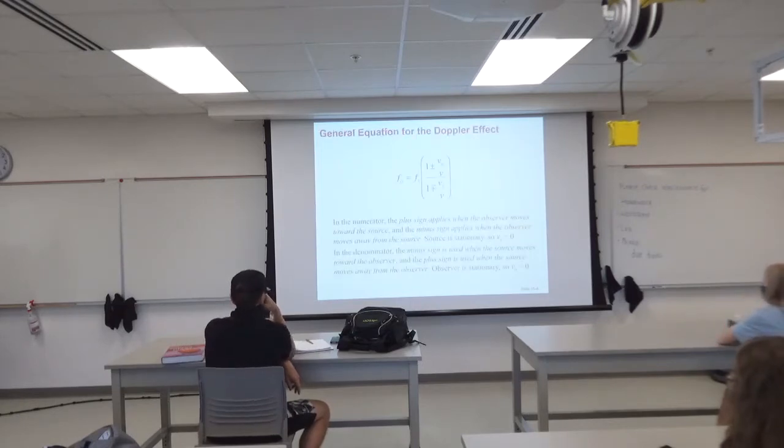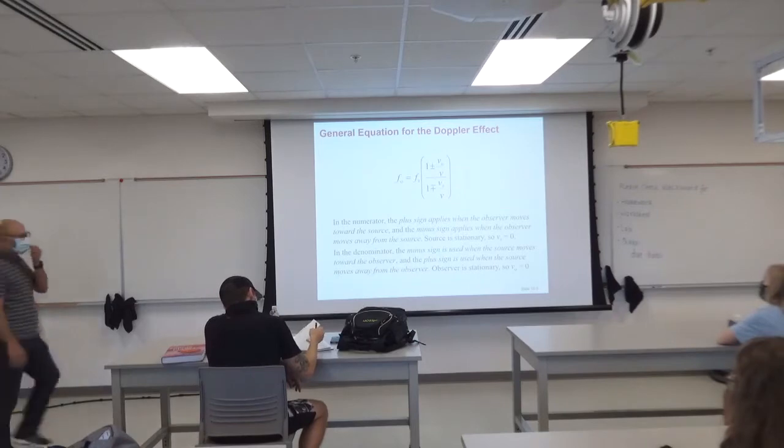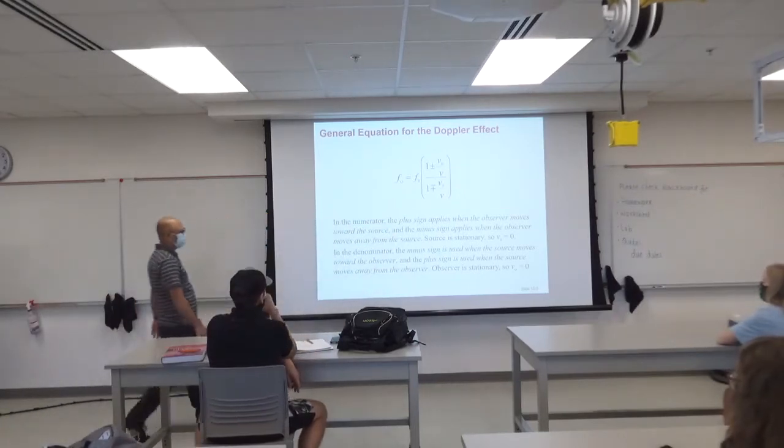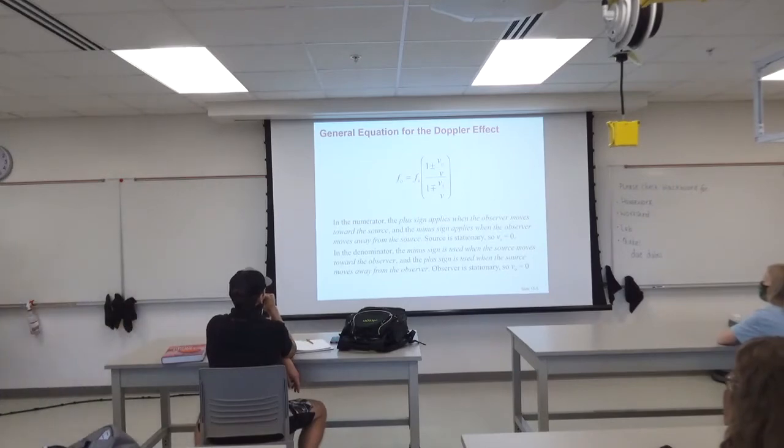We combined all 4 formulas into this common formula, and depending on the scenario, whether the source is moving or the observer is moving, we choose different signs. Let's see an example of how we choose the right signs.